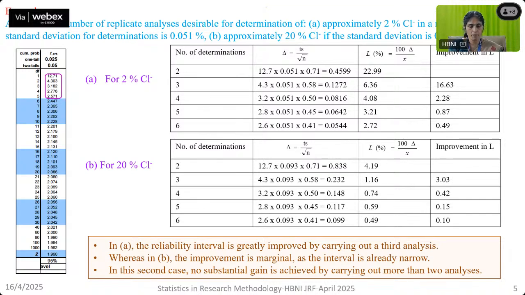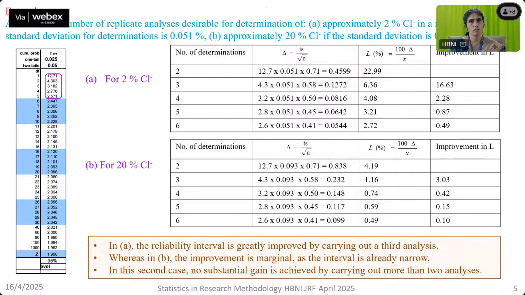So it is said that in A, the case of 2% chloride ion determination, the reliability interval is greatly improved by carrying out the third analysis. That means there is an improvement of 16.63 in magnitude, from 22.9 to 6.36, when you increase the number of determinations. Whereas in the case of B, that is 20% chloride determination, the improvement is marginal as the interval is already narrow.